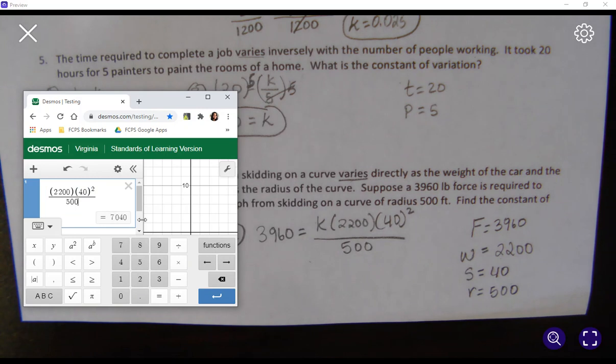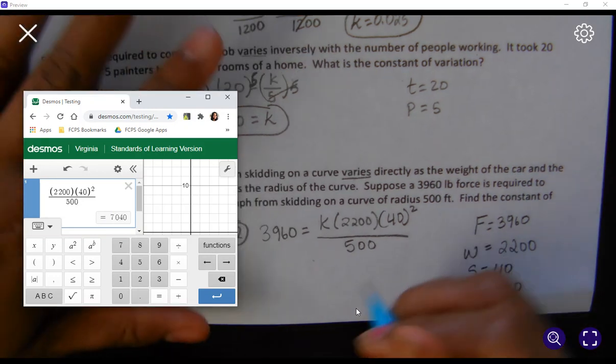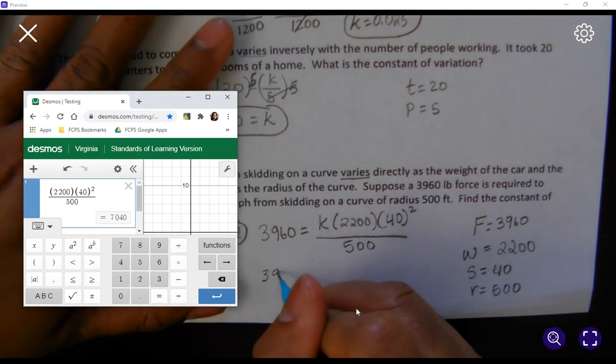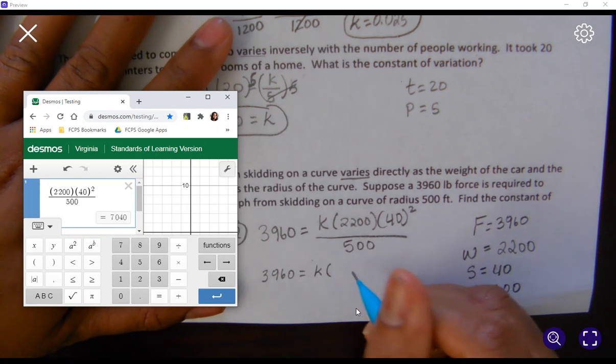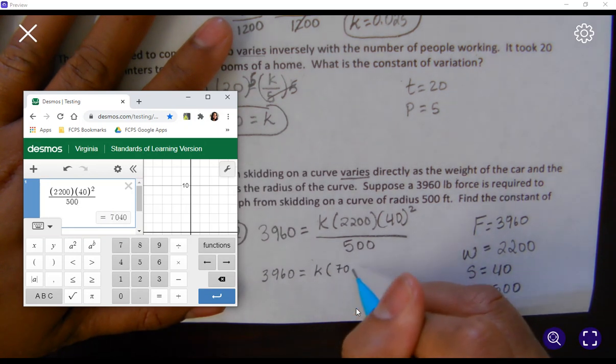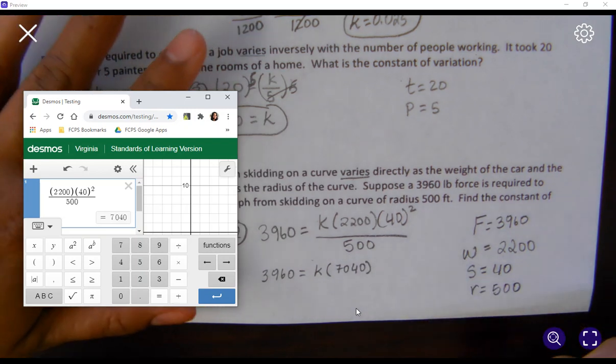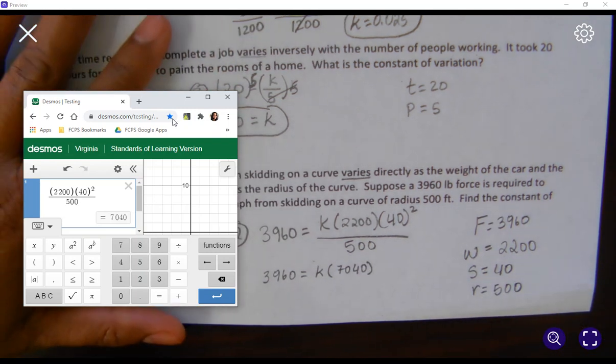Okay, I'm gonna just hit enter. All that equals 7,040.